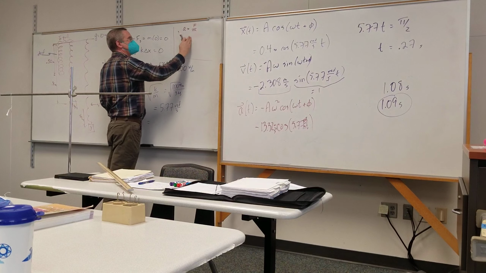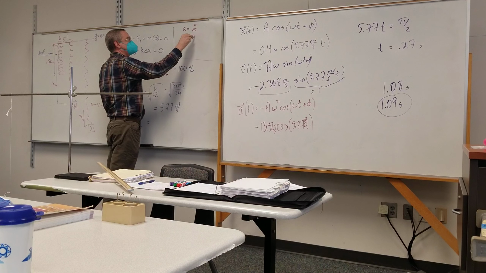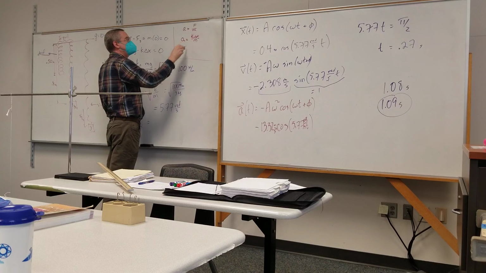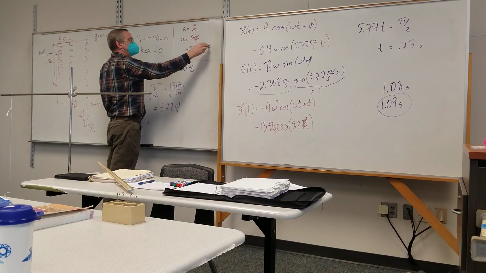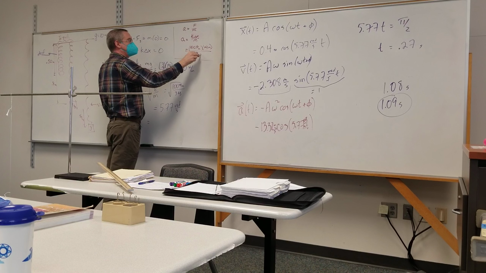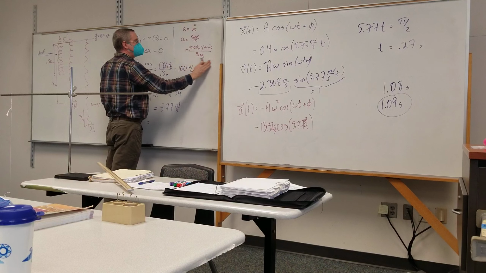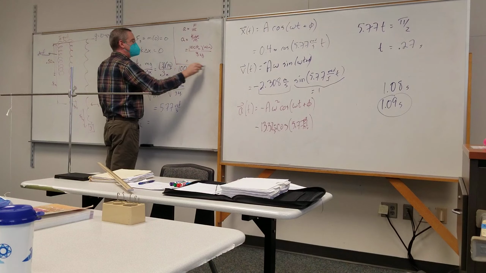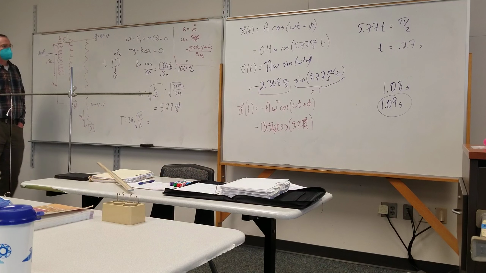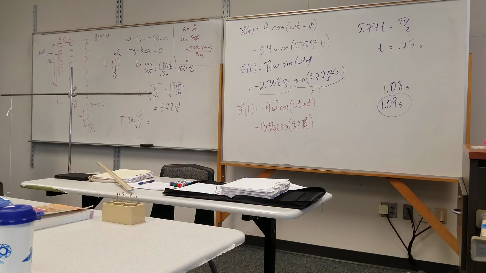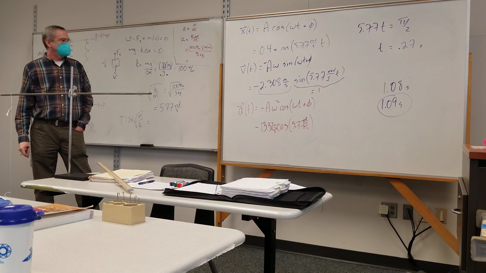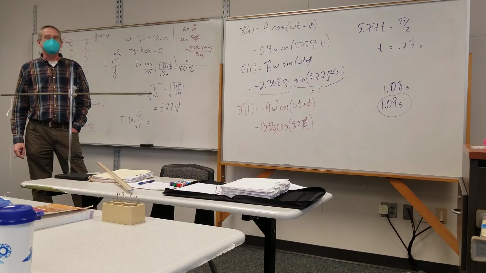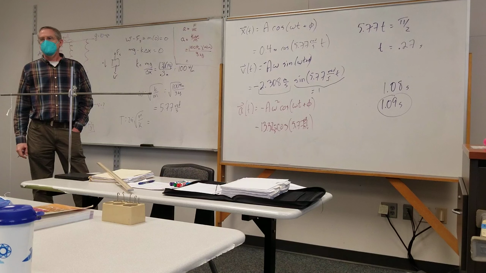Let's stick in the letters first. So this is K delta X over M. So it's 100 newtons per meter times 0.4 meters divided by 3 kilograms. What do we get? We're around 13.33. Yes.